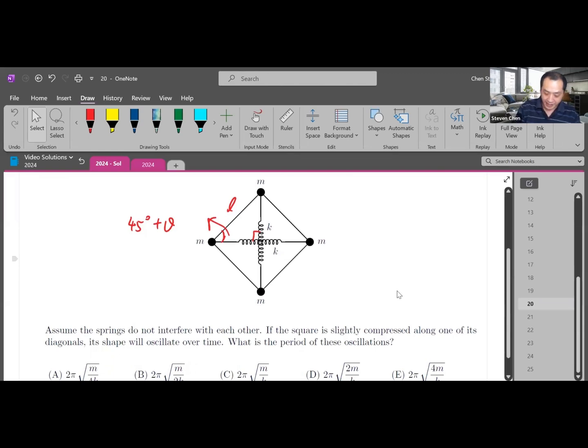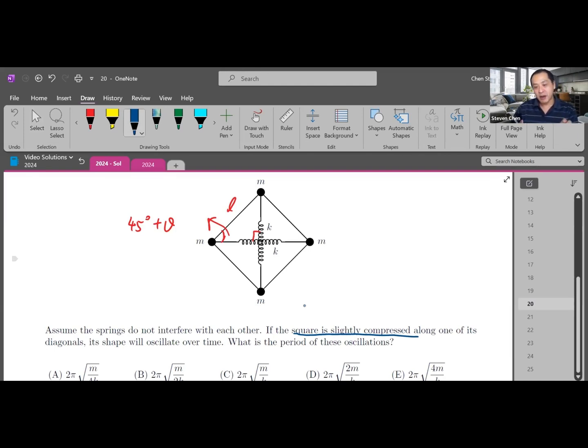The reason I want to do it is because we want to make a perturbation from the square equilibrium with a small amplitude, so it's a small oscillation. In general, so long as you make a small oscillation about the equilibrium point, it's typically a harmonic oscillation. But if the displacement is very big, it's not always the case that it is harmonic oscillation.